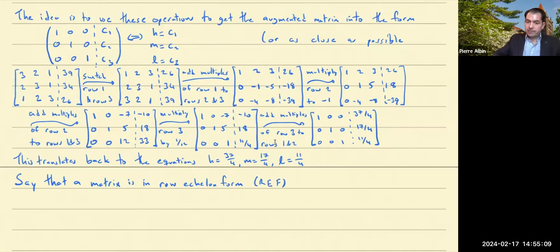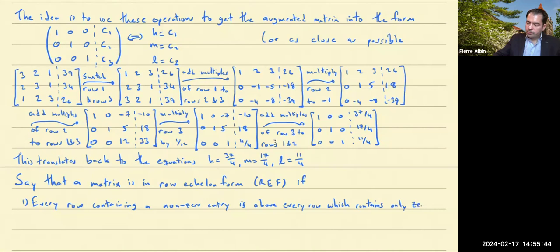Abbreviated REF, if the first thing I want is that every row containing a non-zero entry is above every row which contains only zeros. Right, so if you have a row of all zeros, I want that row to be at the bottom of the matrix.